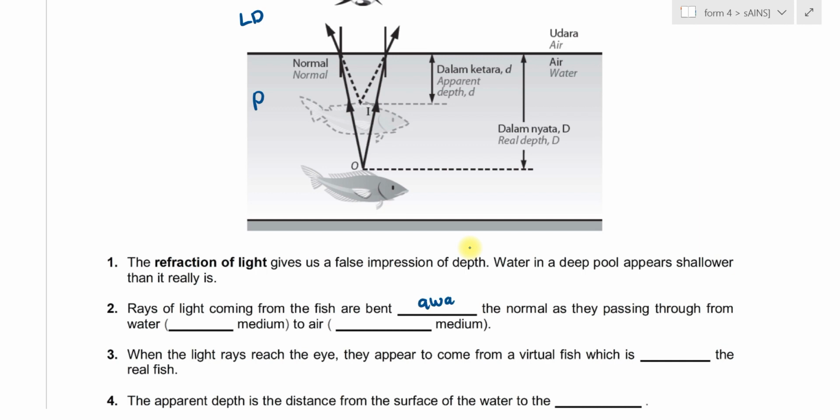Bent away from the normal as they pass through from the water, which is a dense medium, to the air, which is a less dense medium. So when the light rays reach the eye, they appear to come from a virtual fish, satu image maya, which is above the real fish.